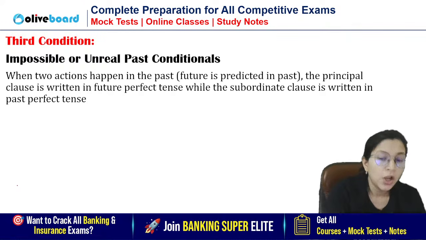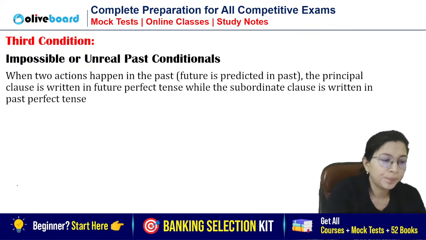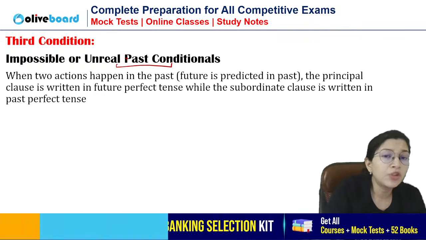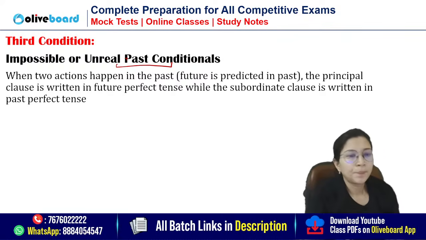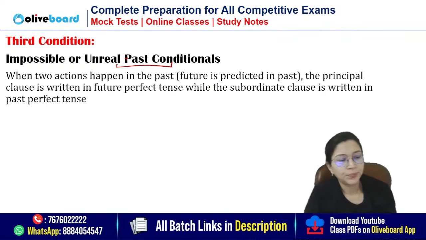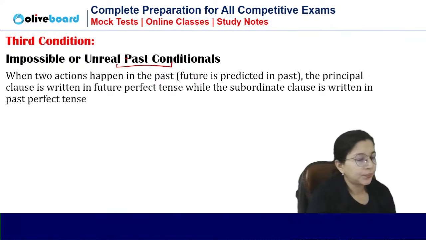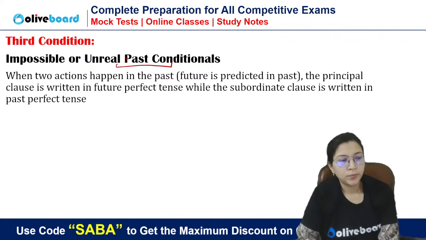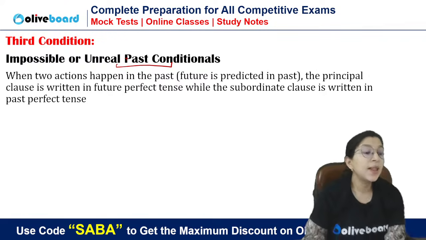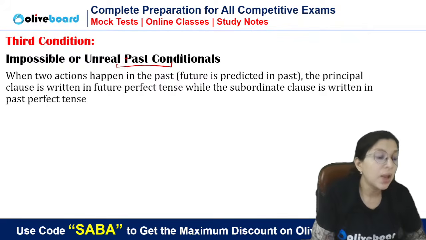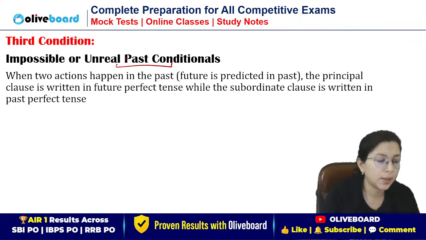Impossible condition. Do you know what is the difference between improbable and impossible? What is given here? Unreal past conditionals. See, improbable means less likely to occur. मतलब होने के chances कम है but हो सकते हैं. Impossible means हो ही नहीं सकते.